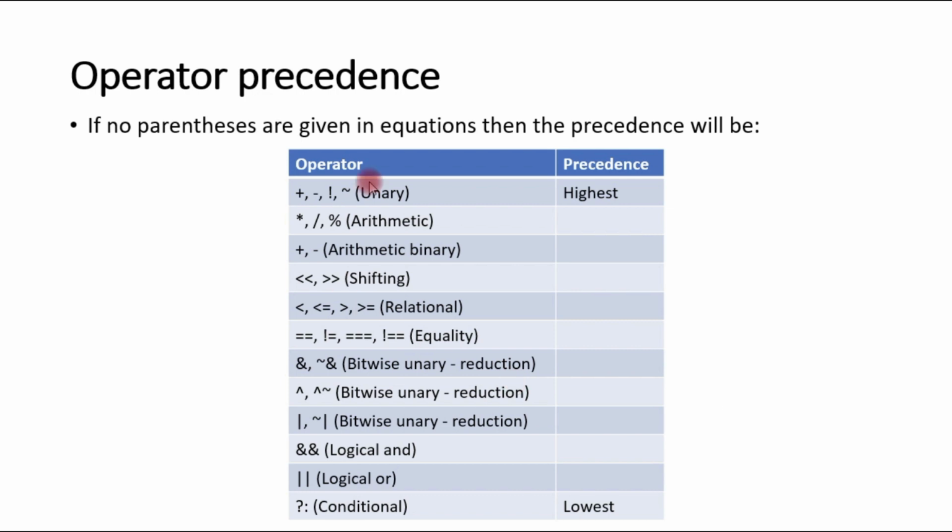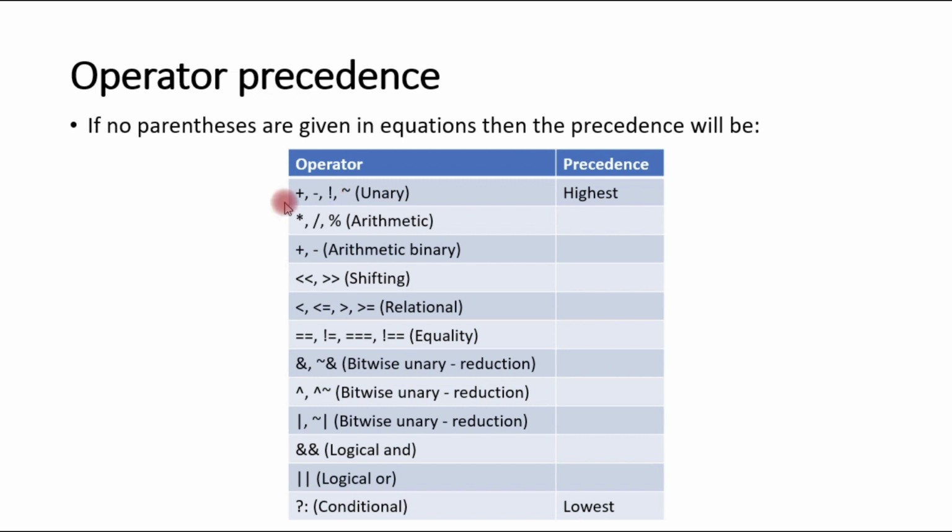Highest priority is given to the unary operations, meaning single operand expressions. Plus, minus, logical NOT and bitwise NOT are used with single operands and have the highest precedence. Here plus and minus signs are used for signed number systems with a single operand, for example +5 or -9.